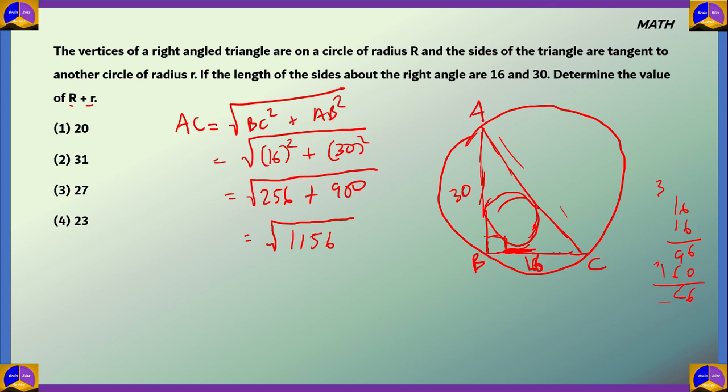This root of 1156 is equal to 34. So AC is equal to 34.